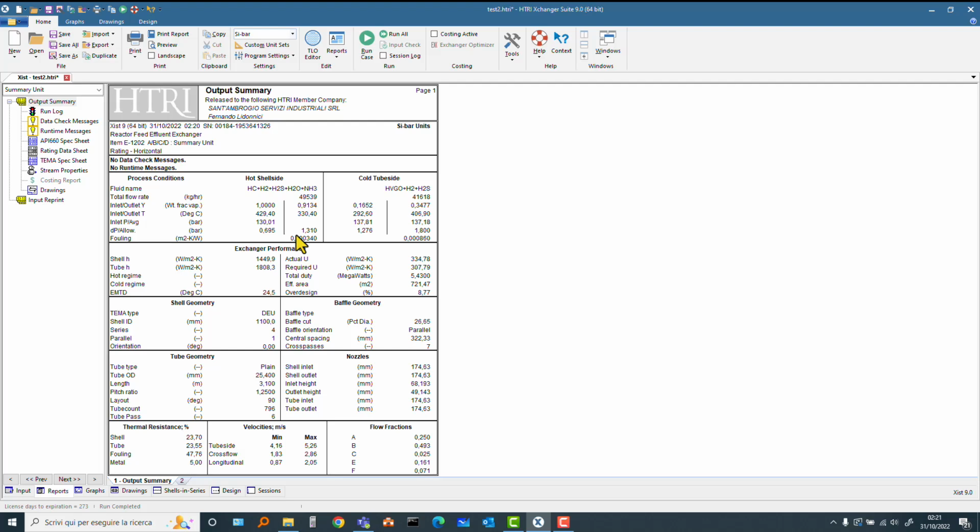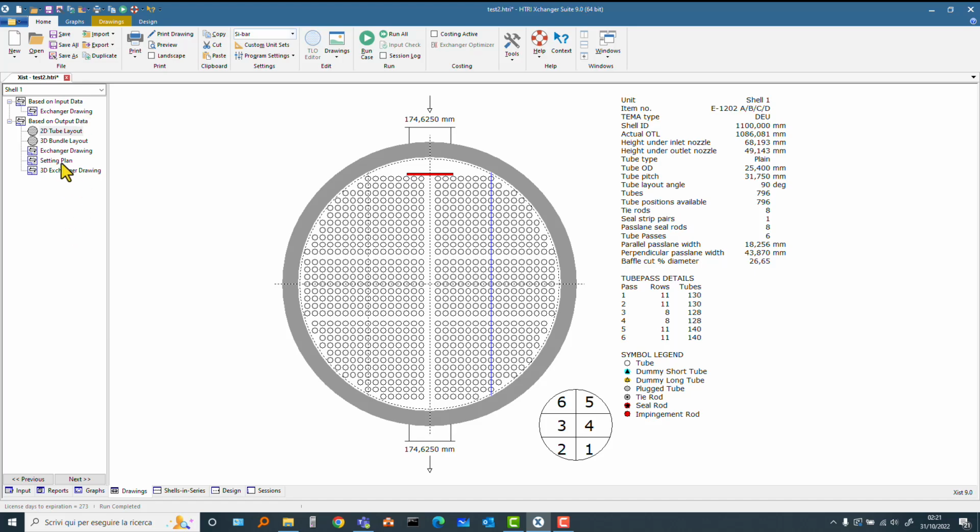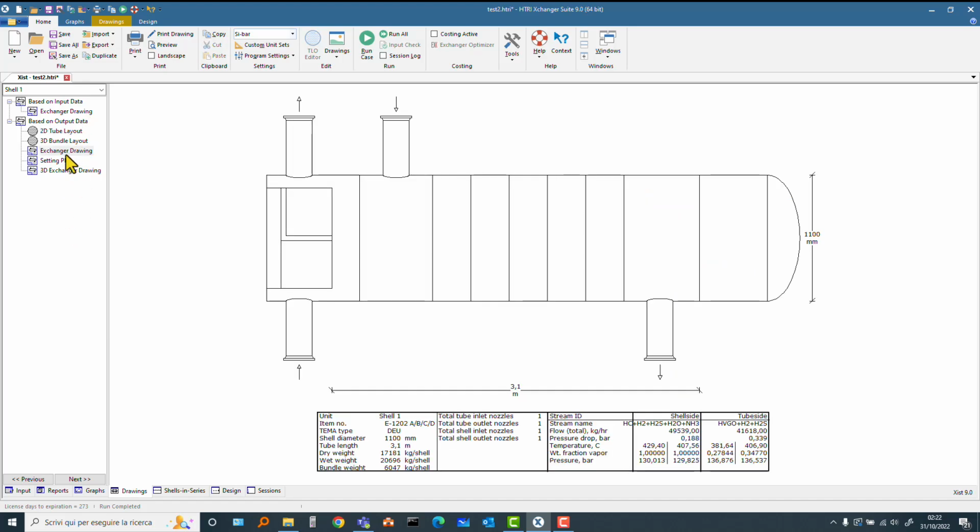This is possible because if we look at the drawing of the exchanger, not on the summary unit, but for example shell 1, exchanger drawing, you see that there are 1, 2, 3, 4, 5, 6, 7 cross passes. You know that with the vertical baffle cut in a horizontal exchanger, there is no constraint for the number of baffles to be even.